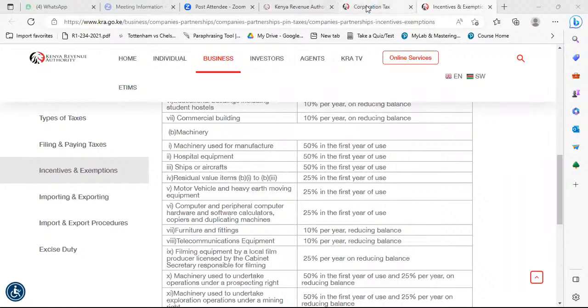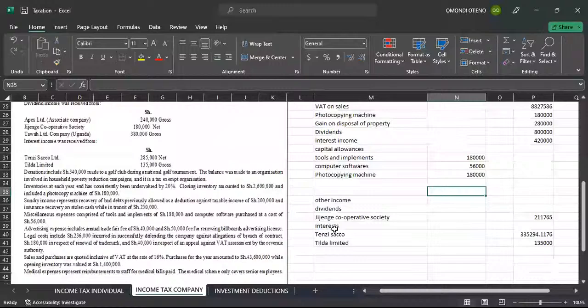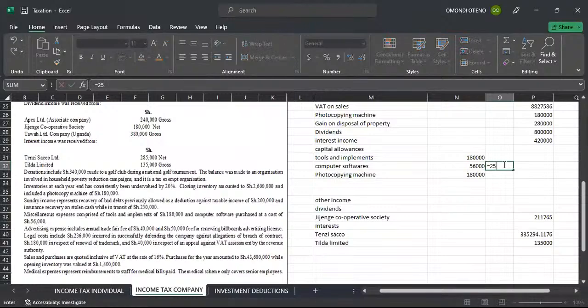So it means when you now get to that particular question here, we've seen that computer software, whatever you are going to deduct, which is allowed as capital allowance, is 25% of the value of that asset. 25% of the value of the computer software.